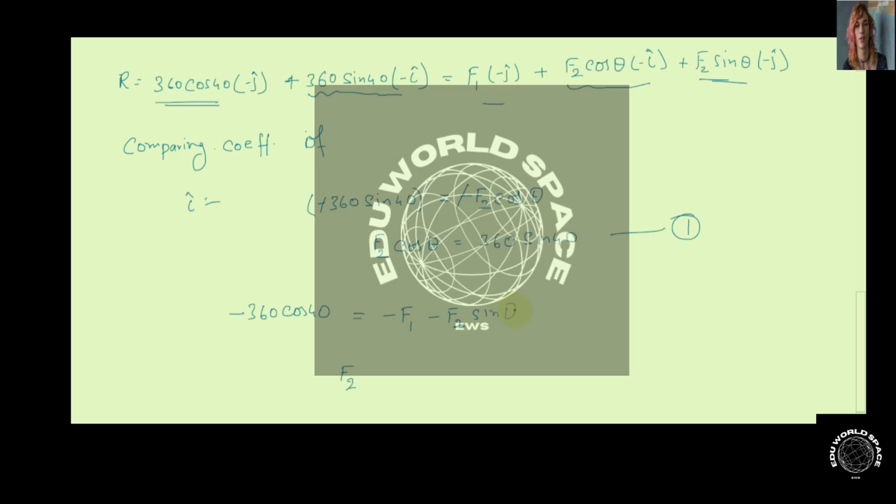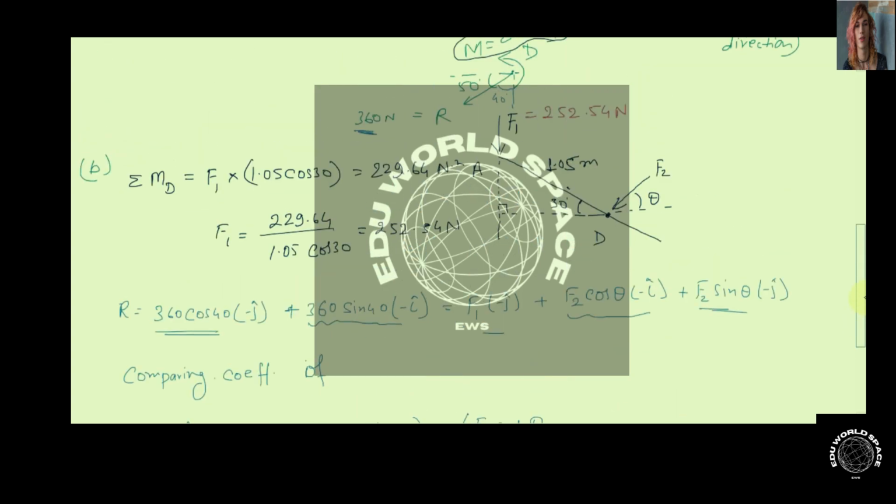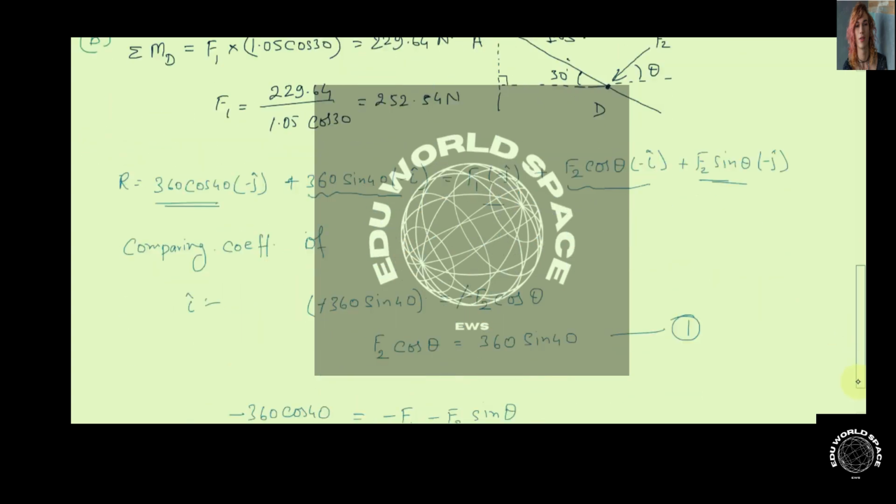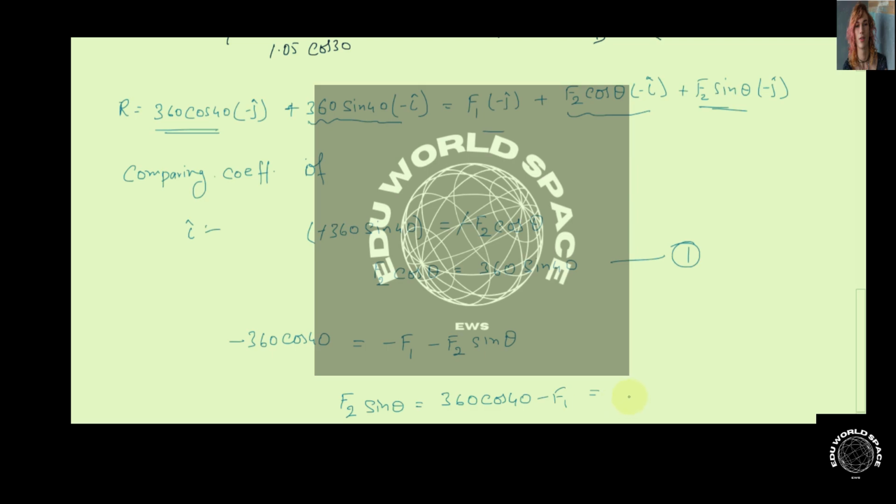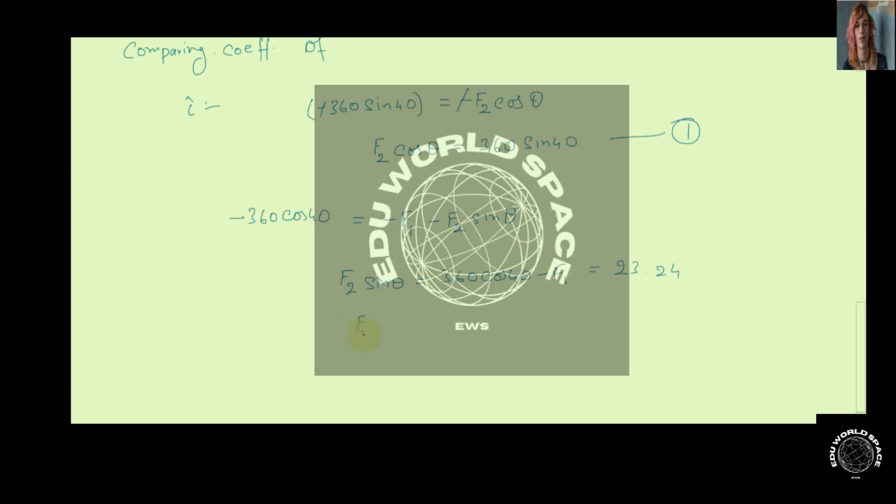If we take this term to the left side of the equality, F2 sine theta is equal to 360 cos 40 minus F1. We have already got the value of F1 above, that is 252.54, so we can use this here. This comes out to be F2 sine theta is equal to 23.24. Let us say this is equation 2.